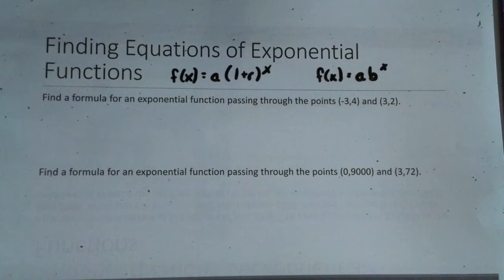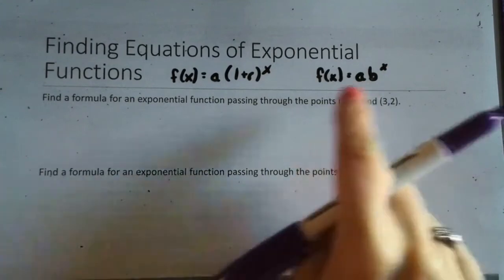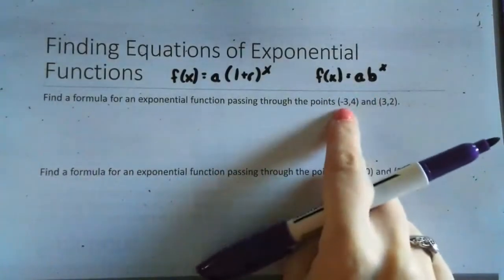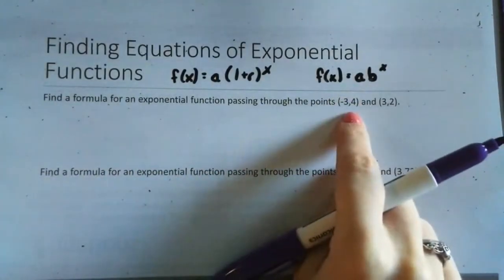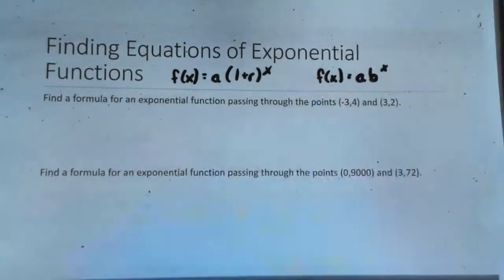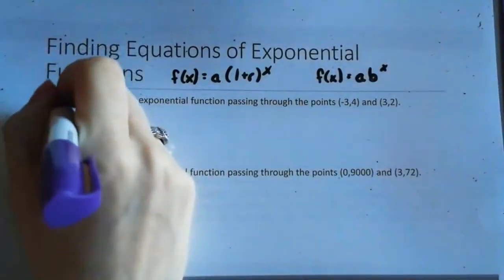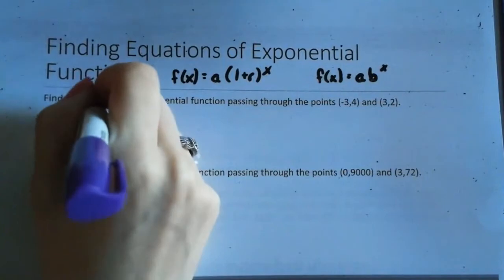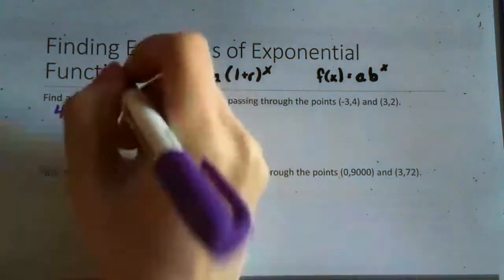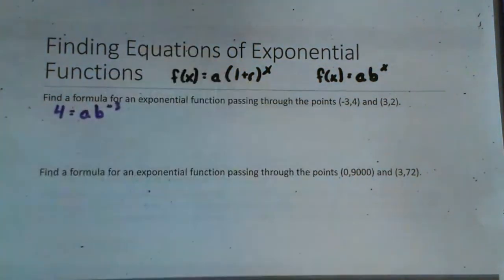Well, I know I can plug those into the equation at least. So let's start with (-3, 4). If I plug that into what I have, -3 is my x, 4 is my y, which is f(x). So that'll give me 4 = ab^-3.